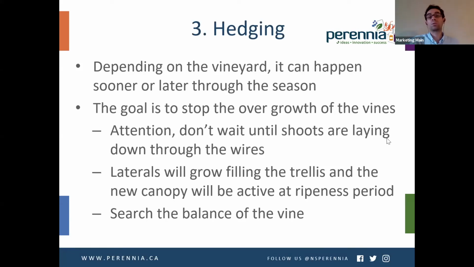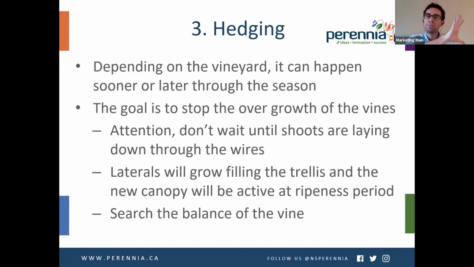Another goal of hedging is that we will promote the growth of laterals. These will be filling the trellis, and they will start to develop a new canopy that will be active at the ripening period. And it's at that time when we want all this canopy active, so it can be giving photosynthesis to the branches.